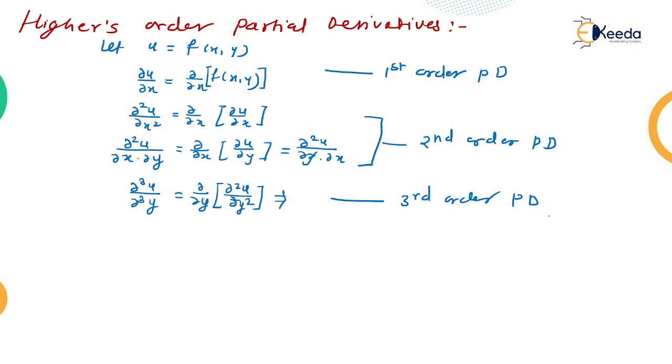Similarly we can also obtain ∂⁴u/∂x² and ∂⁴u/∂y², and in this way they are called higher order derivatives. Similarly other higher order derivatives can also be obtained.